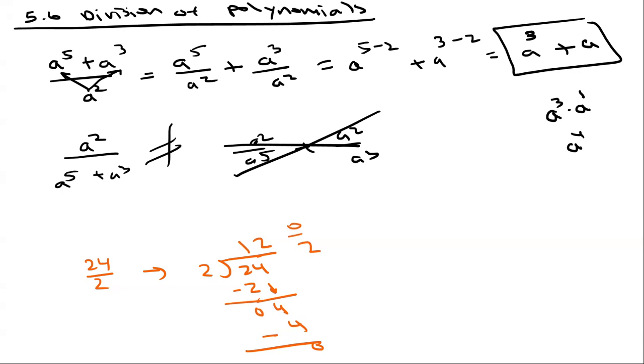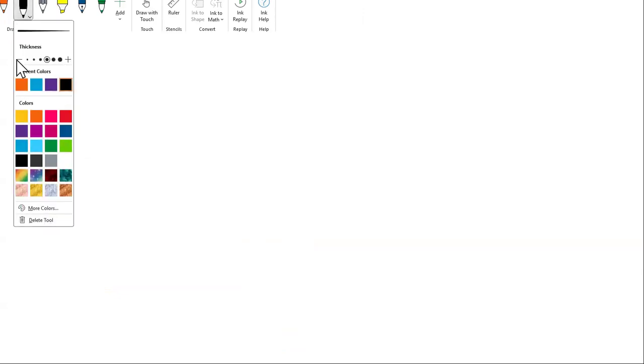All right, so this is normally what we do in division. We're going to follow the same procedure with a polynomial. So let's say we want to divide 4x squared minus 4x plus 1 by 2x minus 1.